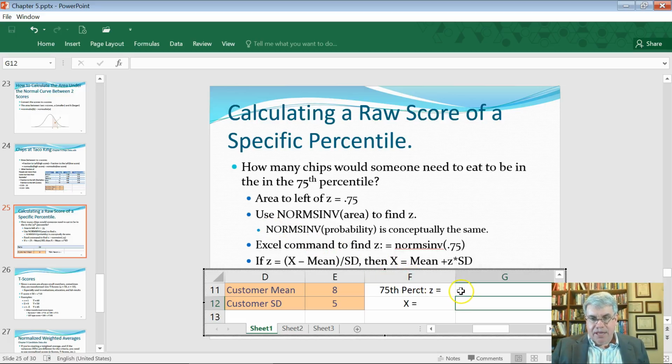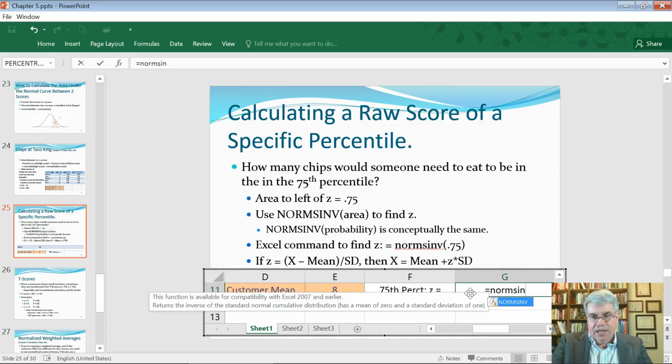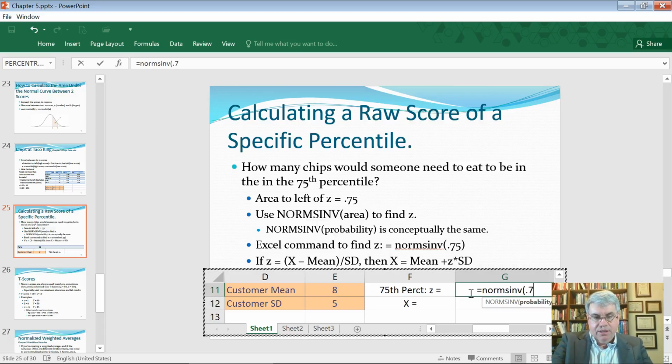So the Excel command that we're going to use, and here I'm using Excel from within PowerPoint, I'm going to give the command equals NORM.S.INV, so remember the S there, inverse, and then I'm going to put in the 75%, 0.75, close parentheses, and this will give us a z-score that has an area of 75% of the curve to the left of it.